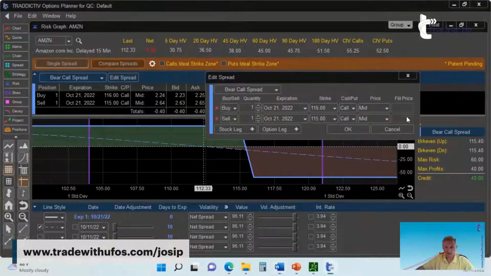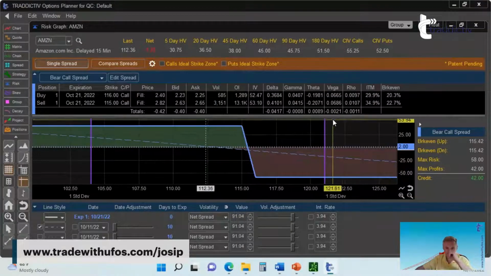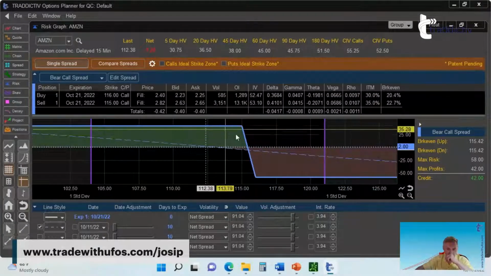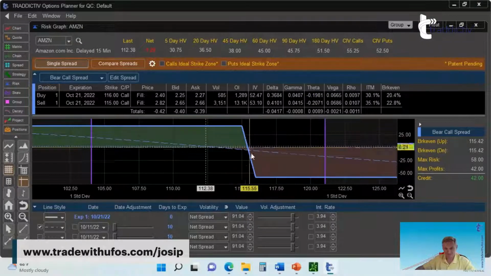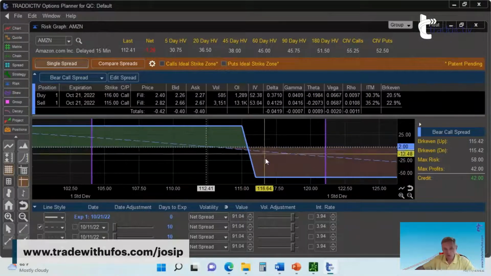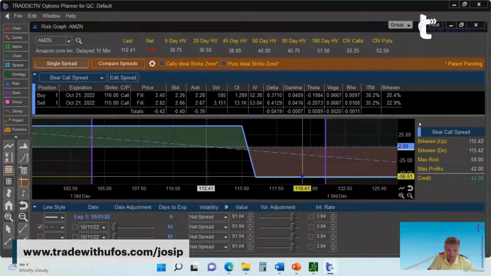When I go into the edit, it was a mid price, but I'm going to put what it is really that I got filled. So I got filled for 240 of the money that wasn't mine, but I was able to get the 282 from the market maker. And that's why it shows that I'm risking pretty much more. This whole area, it's in red.